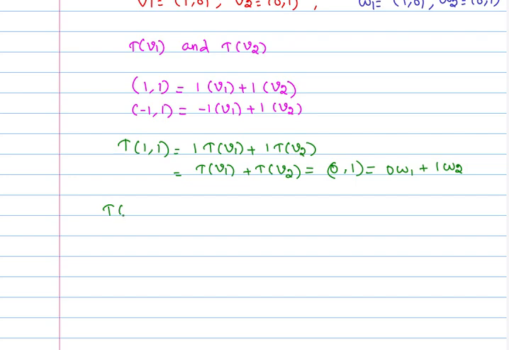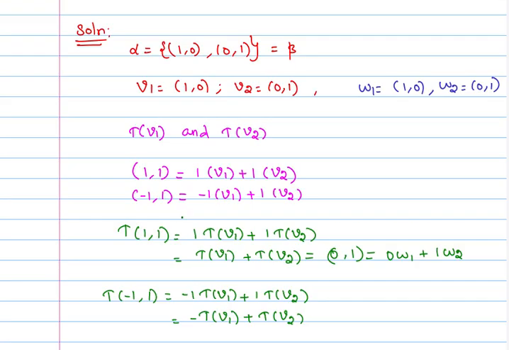Similarly, T of (-1, 1) is -1 times T of v1 plus 1 times T of v2, which is -T of v1 plus T of v2.